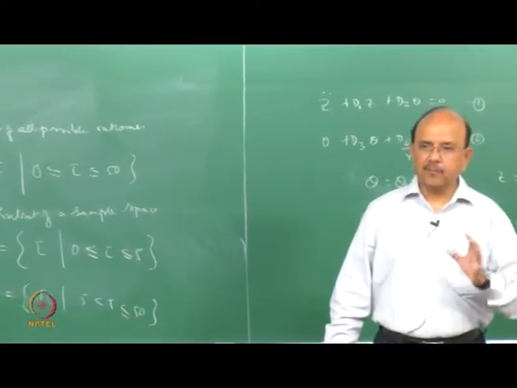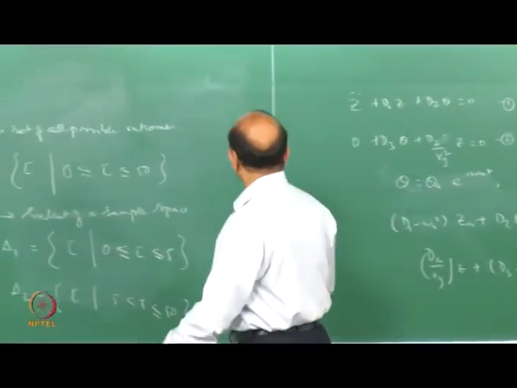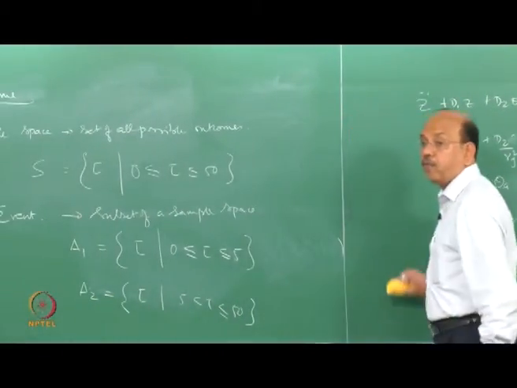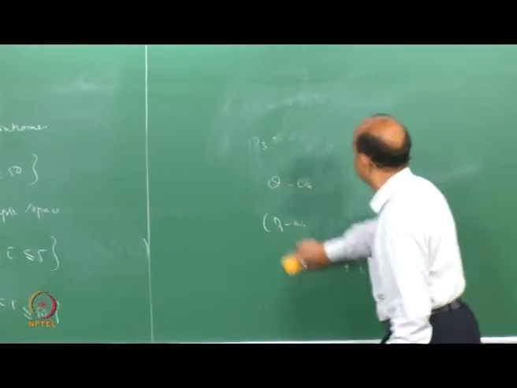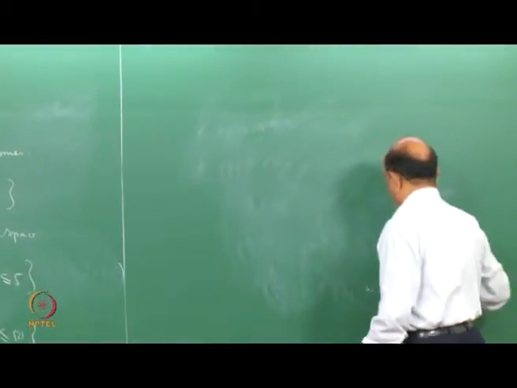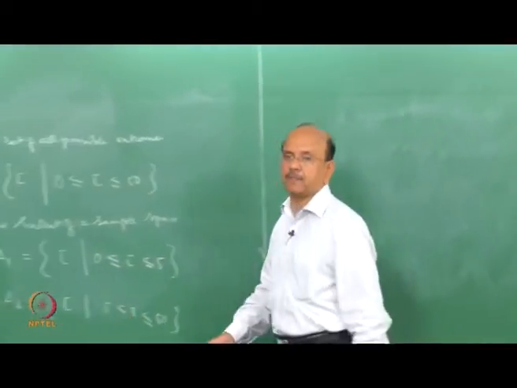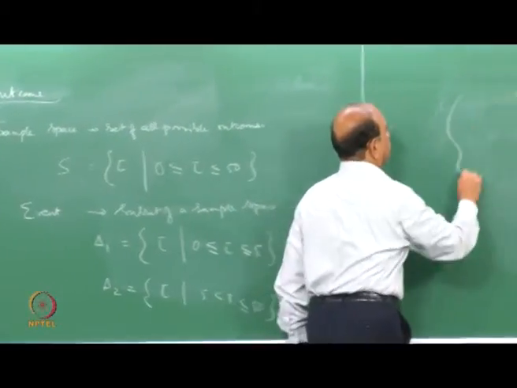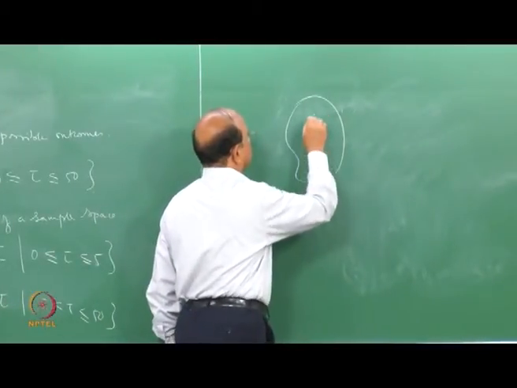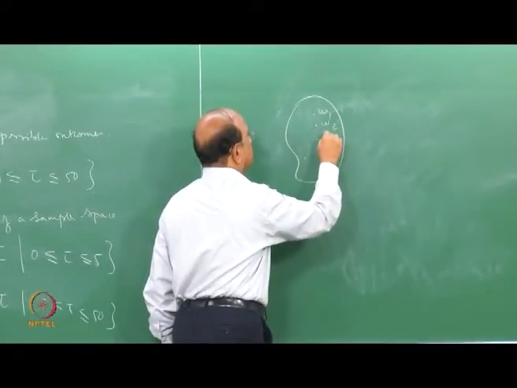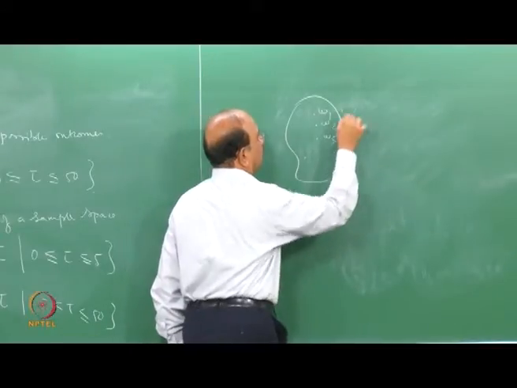Now a random variable, note this carefully, a random variable is a function. A random variable is not a variable in the strictest sense, but is a function which actually maps these events. Let me call that the event space. There are a number of events and so on.